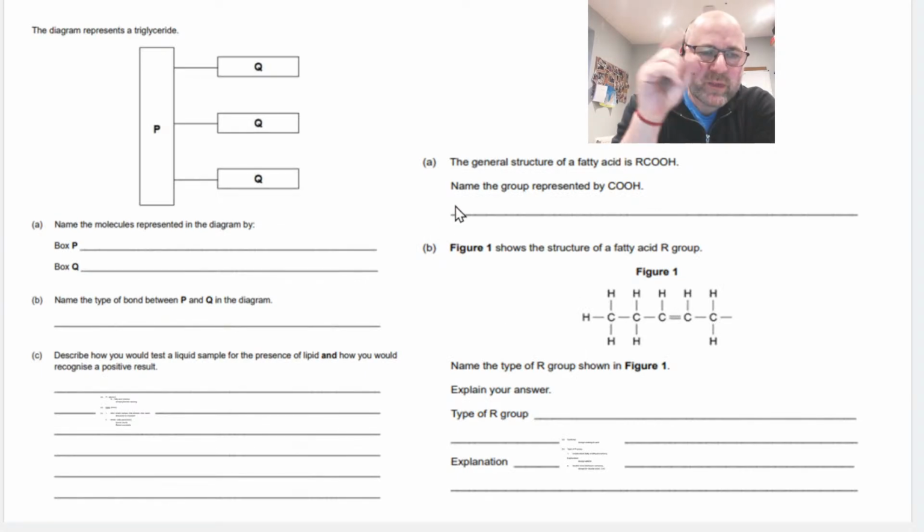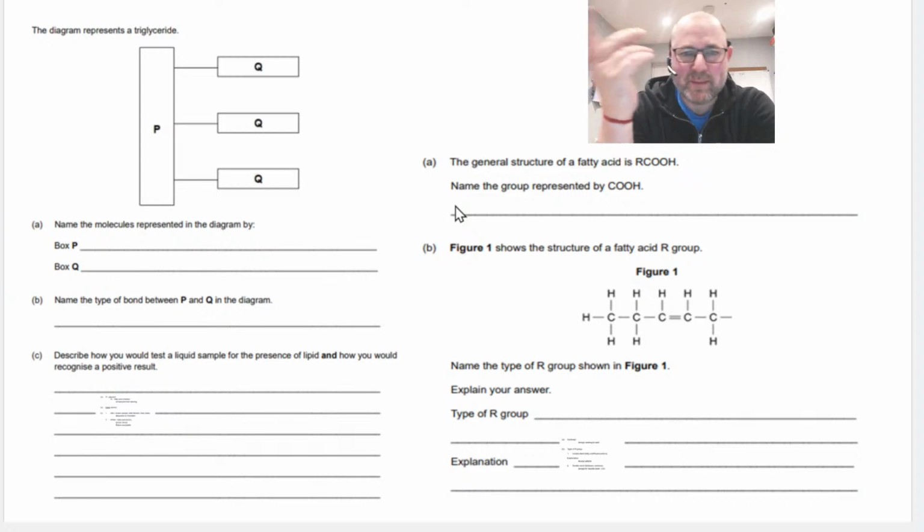Okay. The diagram represents a triglyceride. You might remember from GCSE, what are lipids made of? So what's box P and what are the three Qs? Remember, lipids or fats are broken down by lipase to form what?